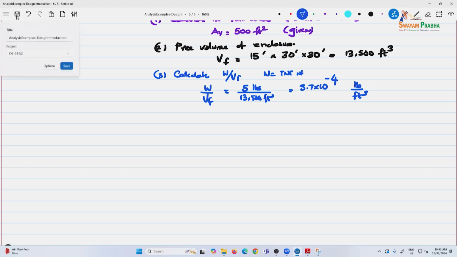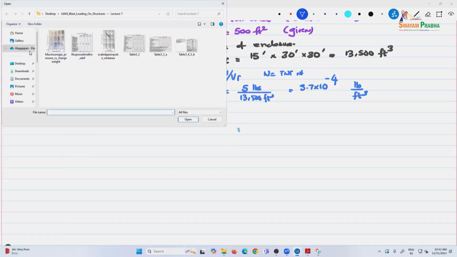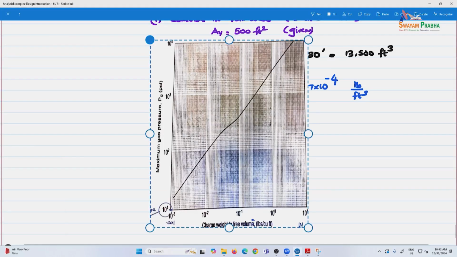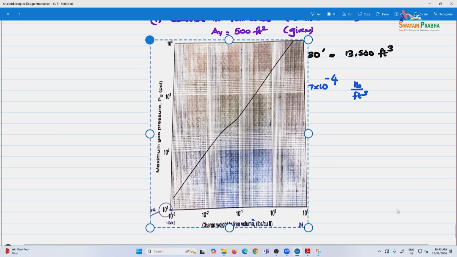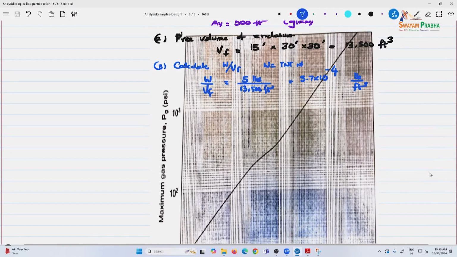Then there are the charts, and let me insert this image. It's the charge weight versus... it's a log scale.